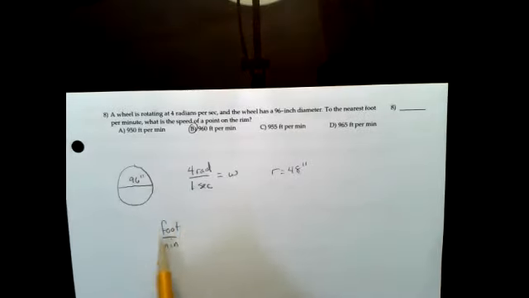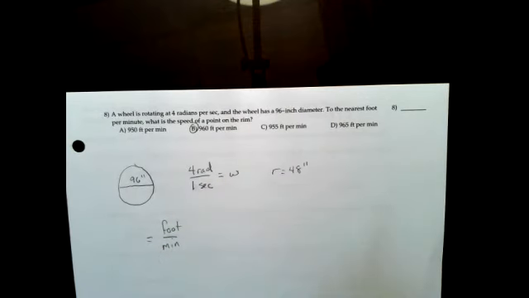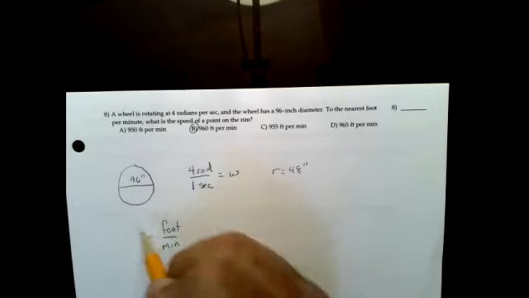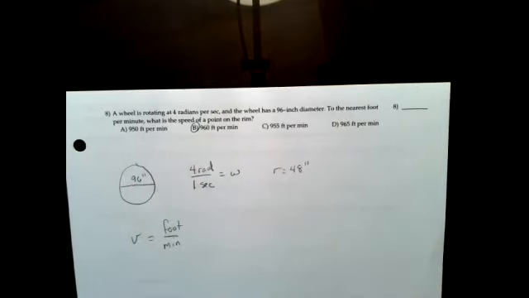To the nearest foot per minute. Okay, what's foot per minute? Feet is a length, right? So if I do the length in terms of time, that's my what letter? Not S, this is in terms of time. V, right? This is my linear speed.